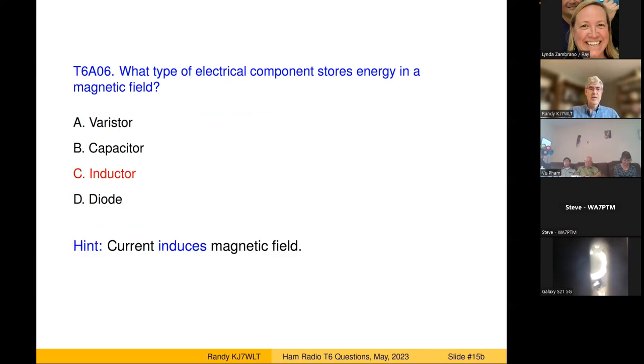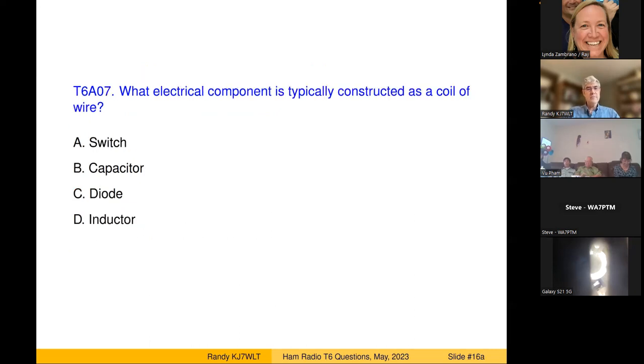That's the inductor. And remember that the current going through the wire is inducing a magnetic field as it flows. And so that's why it's called an inductor. And if you coil up a bunch of wire, what sort of electrical component do you get? An inductor.